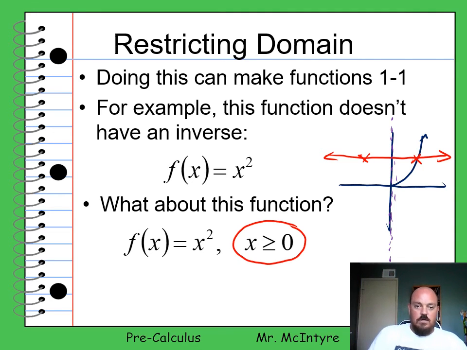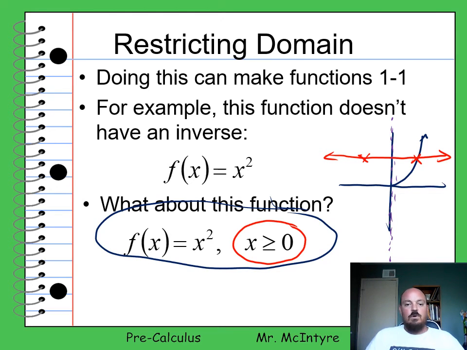If in the homework you guys see a question that looks like this, where it says f of x equals, and it gives you an equation, and then it says comma, and there's an inequality after it, the inequality is restricting the domain. It's there to make something that's not one-to-one, one-to-one, and it's going to make you able to find that inverse.